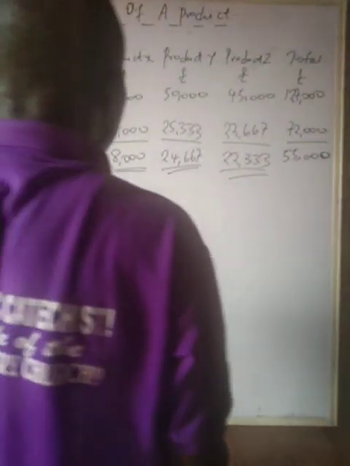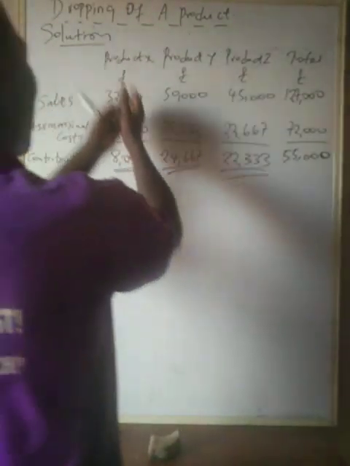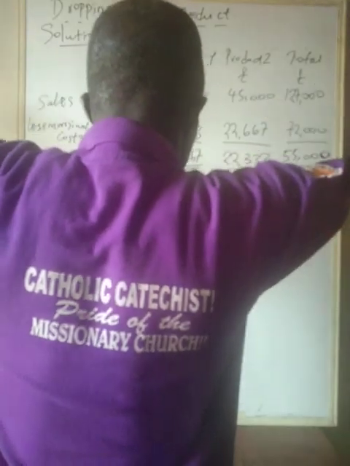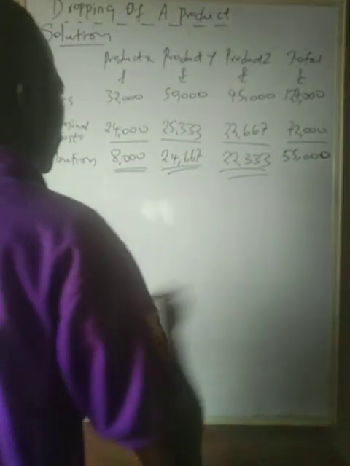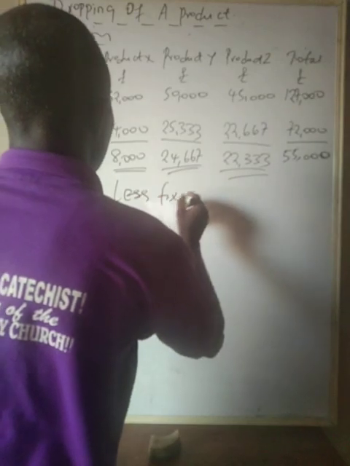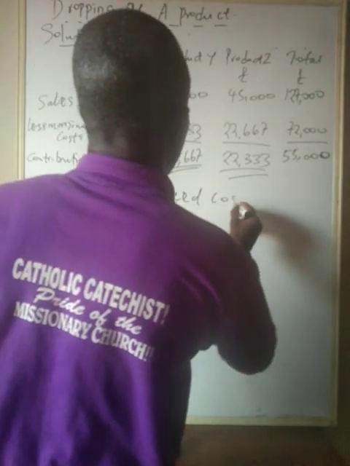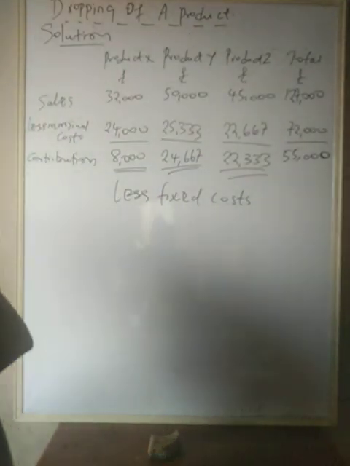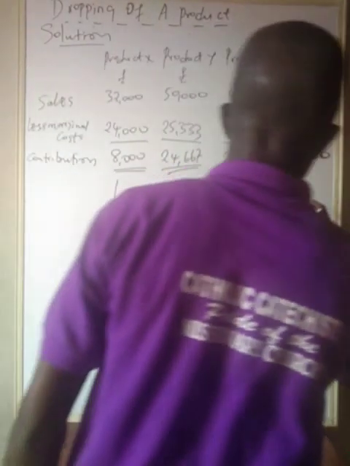So the fixed cost is fixed for all levels of activity. So what's our fixed cost? Less fixed cost. According to the analysis, that is 36,000.